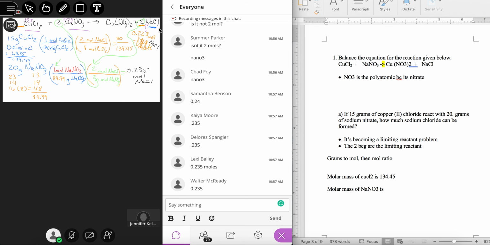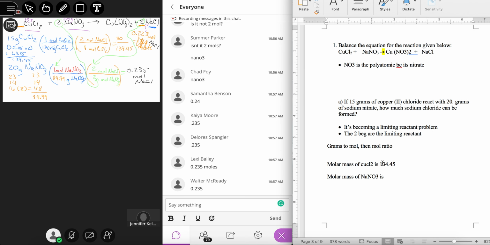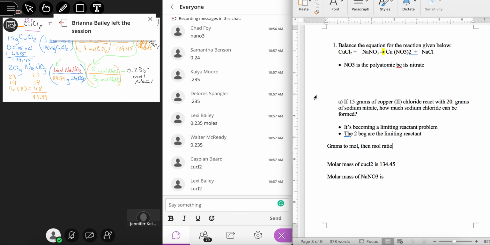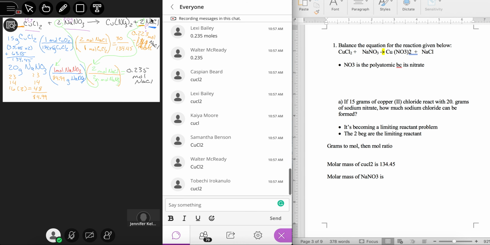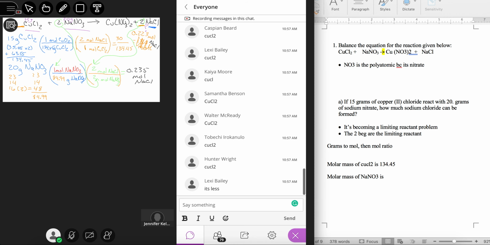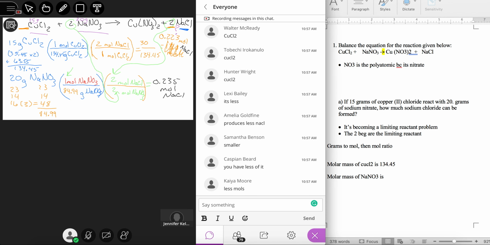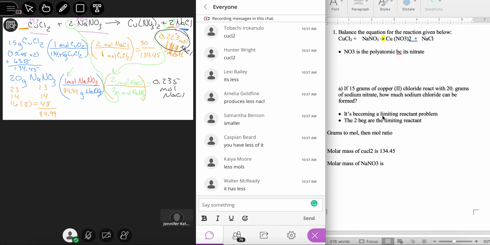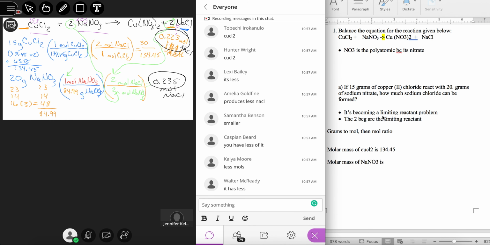So which one is the limiting reactant? The copper chloride, correct. How do I know that? Less, correct. 0.223 is less than 0.235. So that means copper chloride is my limiting reactant. All right.